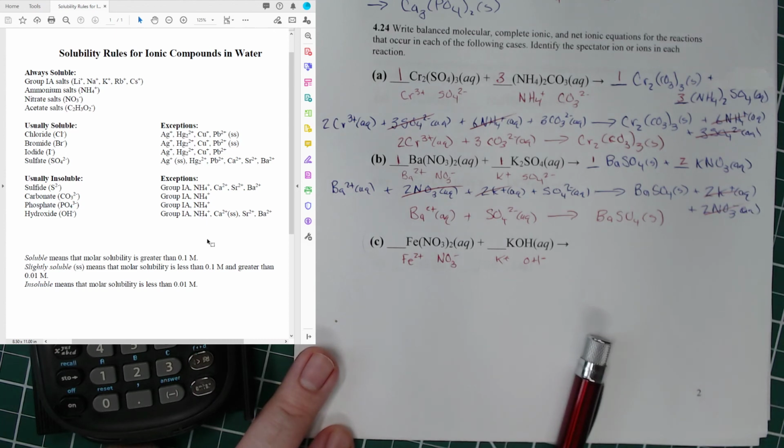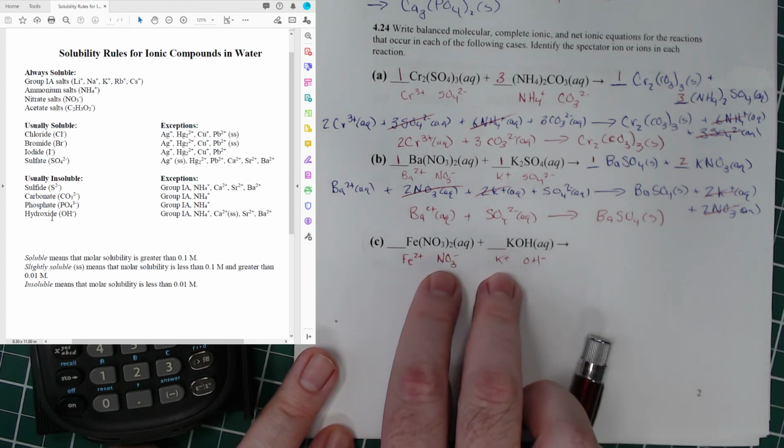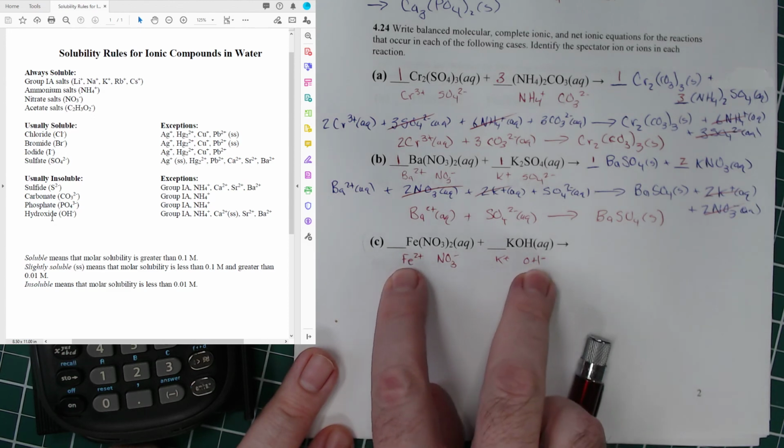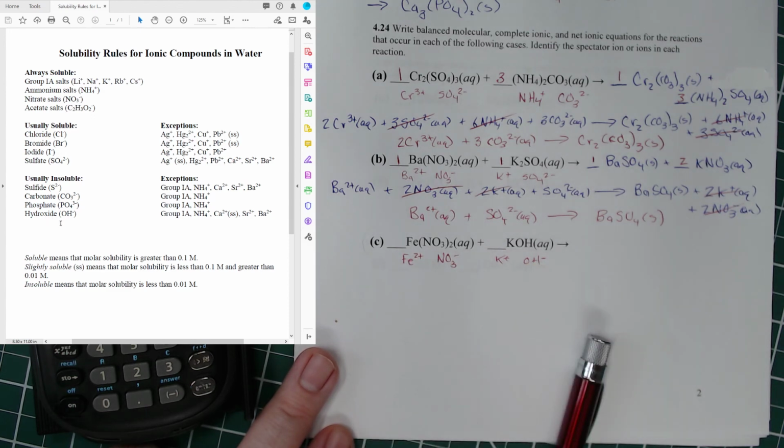When we look at our solubility rules, we'll find that nitrate and potassium are probably spectators. So our best bet is going to be iron with hydroxide. And we'll see that hydroxides are usually insoluble, and iron 2 is not an exception.